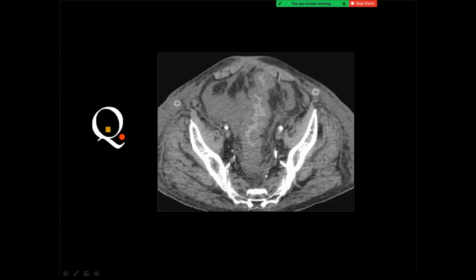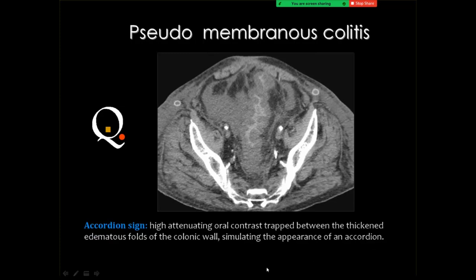You know that the appearance of the mucosal pattern, which is similar to the accordion-like appearance, is one of the pathognomonic features of pseudomembranous colitis.